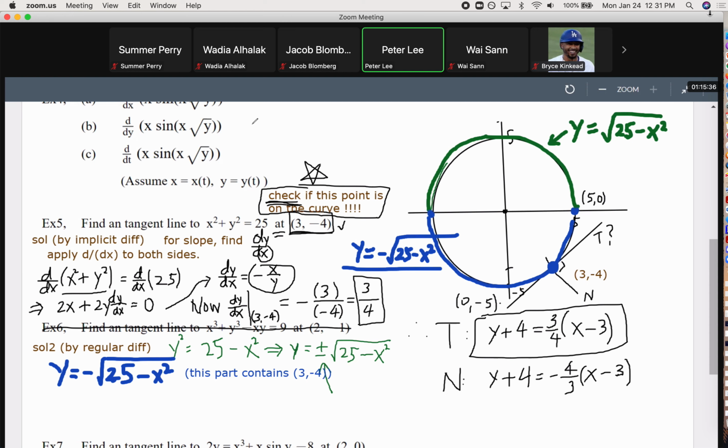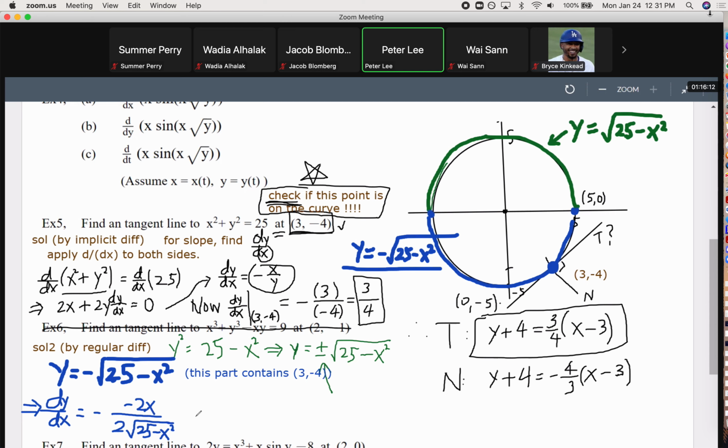So from here, now we can take the regular derivative. So what is dy/dx? It is now the regular derivative, and we have to apply the chain rule. The negative factor we just take out. Now what is the derivative of the square root? It is 1 over 2 times the square root of 25 minus x squared, and then we take the derivative of 25 minus x squared, which is minus 2x.